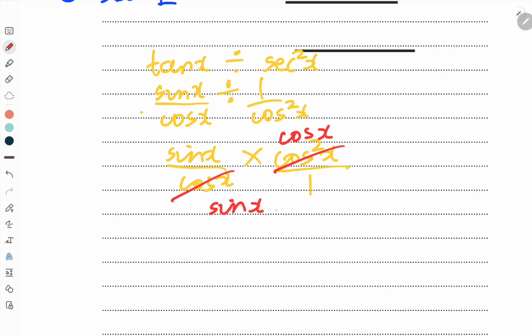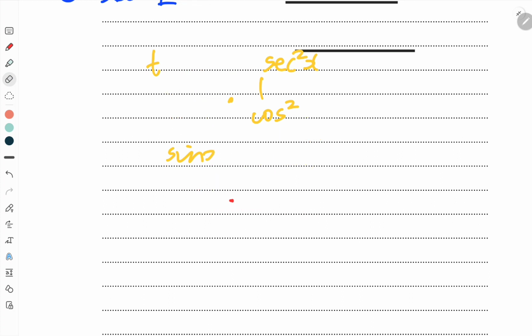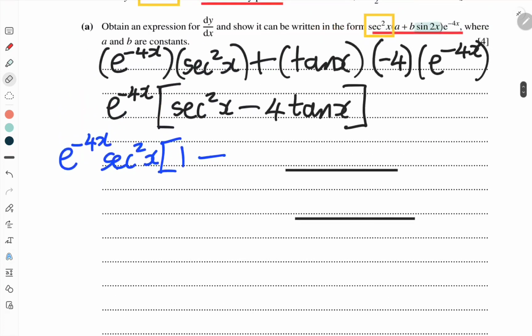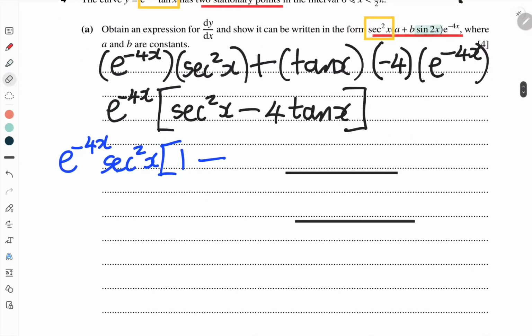That's the answer for the division of tan by sec squared. So I'm going to substitute where it belongs. Sin x cos x. All right, so let's go back and substitute. This becomes 4 sin x cos x. We've managed to factor out sec squared.